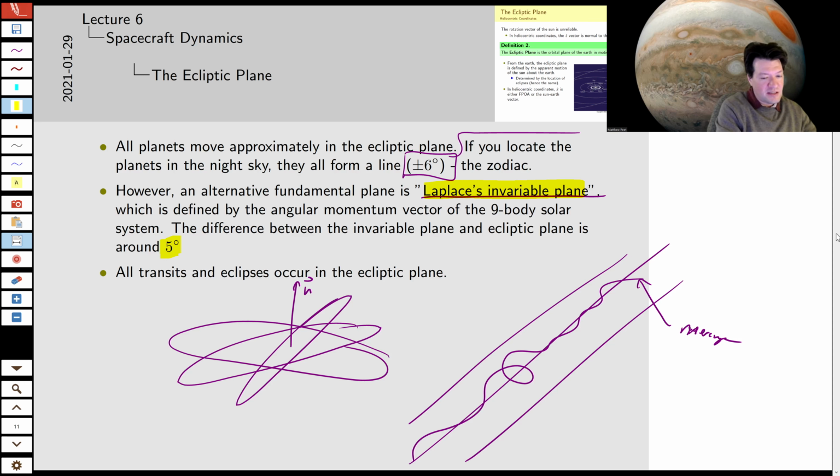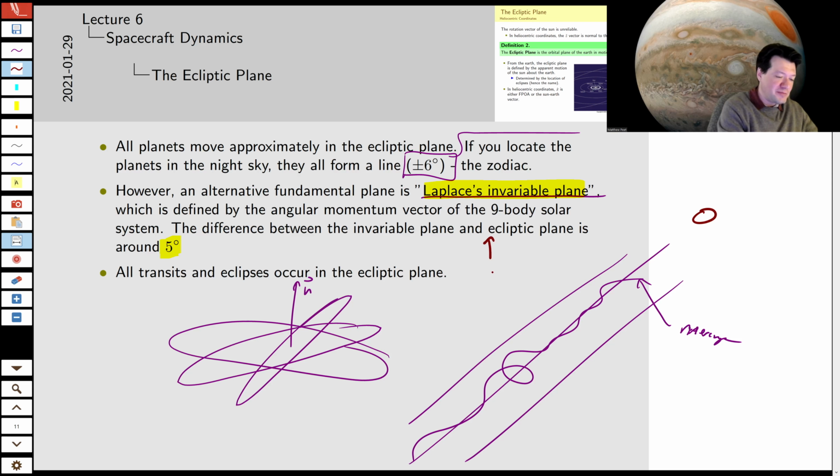But since most of our coordinate systems are based on Earth observations, it's much easier for us to, for example, observe the transit of the sun through the sky than it is to observe this mysterious angular momentum vector of the solar system, especially because it's hard to measure the mass of planets, so even determining what that invariable plane is is rather challenging.